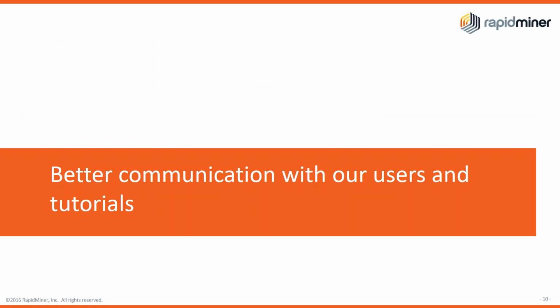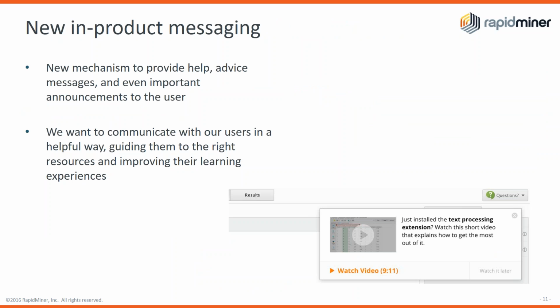More new things, so improved communication with our users, our tutorials. One of the things we have created is this in-product mechanism. So the idea is that pop-up messages can be triggered, and we provide this way help, advice, even announcements.